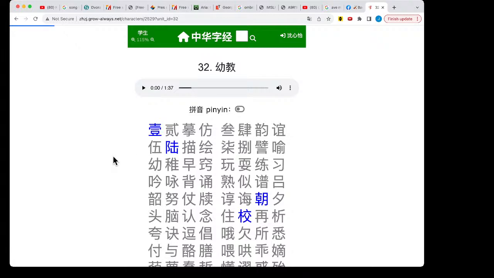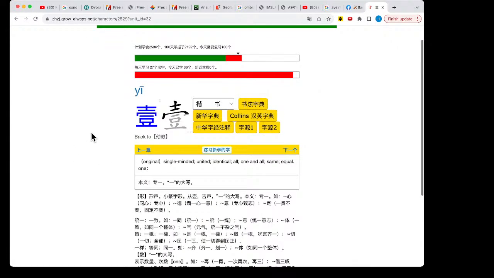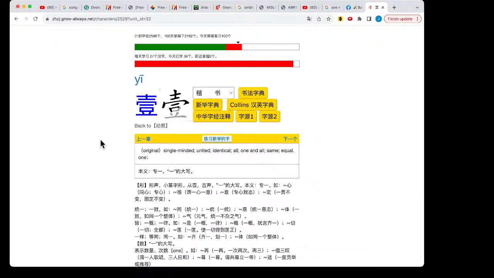The first character is 壹. So 壹 means one. But the original meaning is actually exclusive, focused, that kind of meaning.